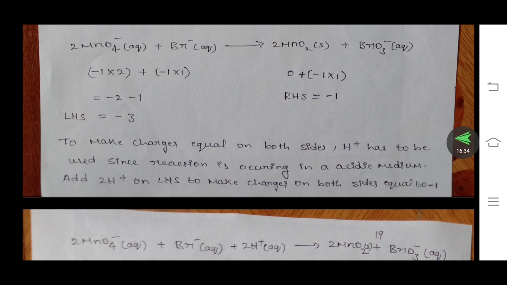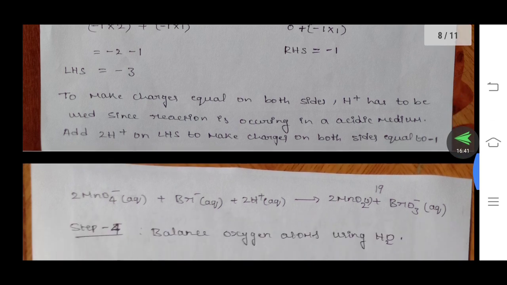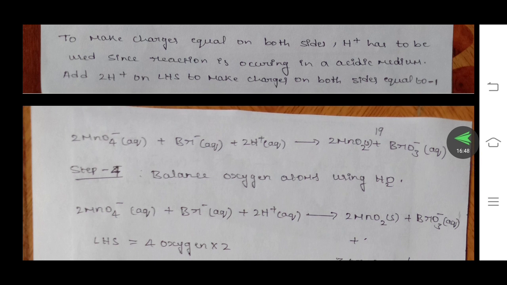So minus 3 and plus 2 gives minus 1. So the left hand side is minus 1 and the right hand side is also minus 1. So the charges on LHS equal RHS. How many H plus do you have to add on the left side? You have to add 2H plus. Now what is the equation? 2MnO4 minus plus Br minus plus 2H plus gives 2MnO2 plus BrO3 minus.